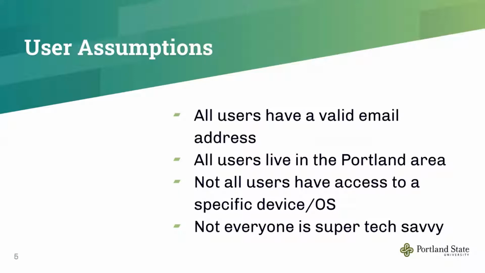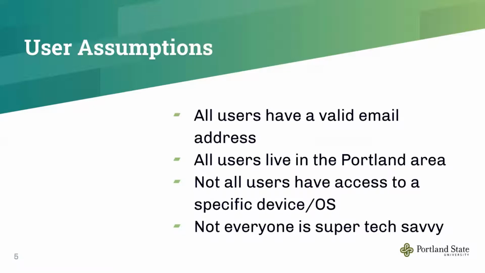So we're making several assumptions. The biggest one being that all our users have and can access a valid email address. We are also assuming that both recipients and donors live in the Portland area and that not all our users will have access to a specific device or operating system.